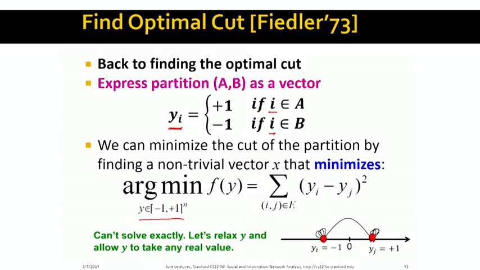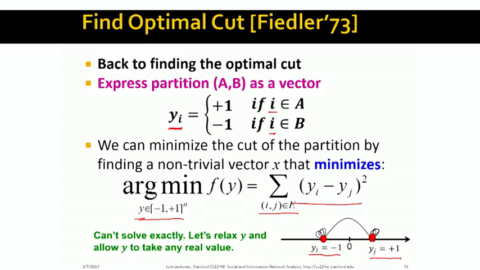So basically, the equation is: I want to assign labels +1 and -1 to all the nodes in the network in such a way that the sum over the edges of this network, yi minus yj squared, is as small as possible. What this is saying is I want to embed nodes of my graph onto the real line, where some nodes can have only coordinate -1, other nodes can only have coordinate +1.